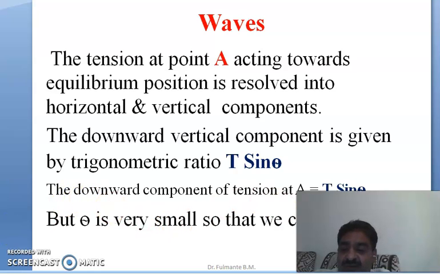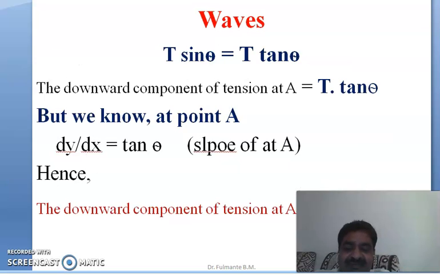So as theta is very small, an important concept, you are familiar with trigonometric ratios: whenever theta is small, sin theta and tan theta are both equal. So T sin theta is equal to T tan theta. The downward component of tension at A is, instead of T sin theta, T tan theta.